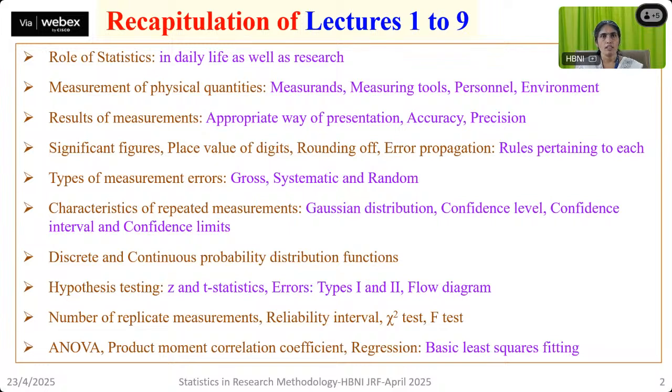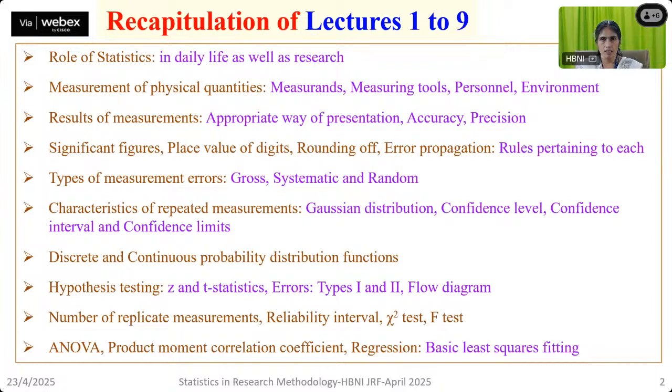Further, we understood the minimum number of replicate measurements in order to get quality analytical data, the reliability interval, the distribution functions like chi-square, and the test to conduct whether the observed variance is due to the statistical fluctuations or there is any significant difference, whether there is a systematic deviation from the expected or predicted variation.